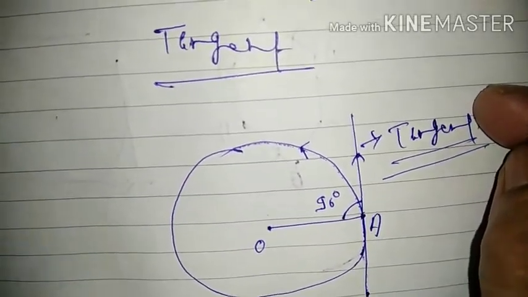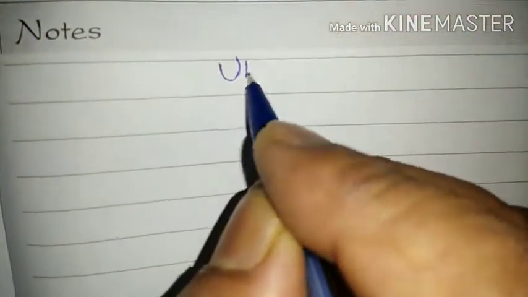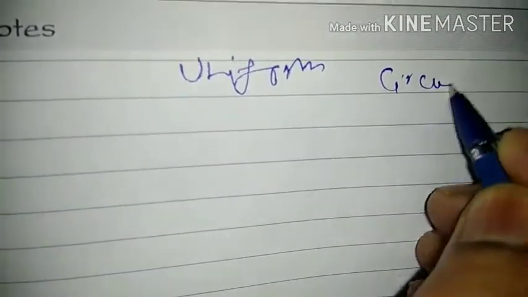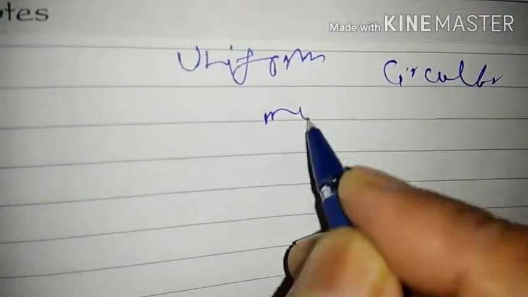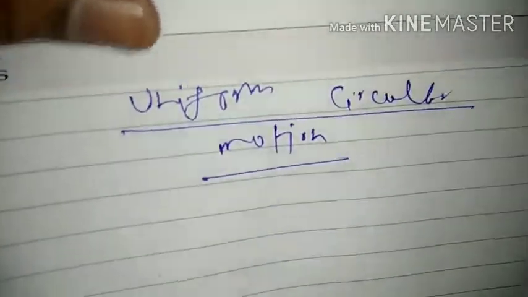Now, with the use of all these concepts, we can easily define uniform circular motion. What is the meaning of uniform circular motion?